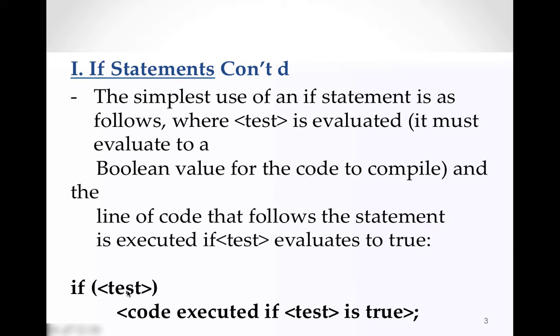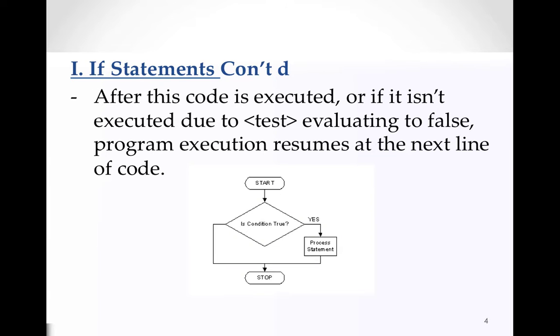If test is the condition, code executed if test is true. After this code is executed, or if it isn't executed due to the test evaluating to false, program execution resumes at the next line of code. Start, condition. Yes, process statement. No, stop.